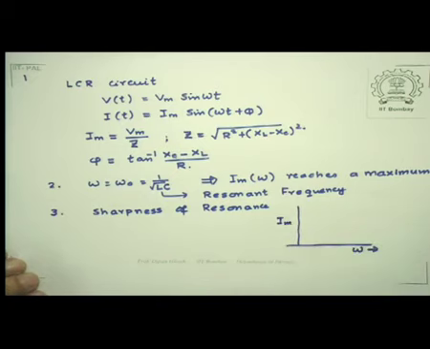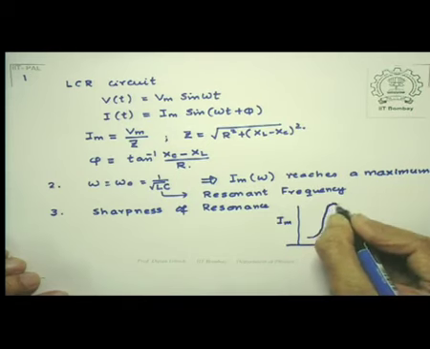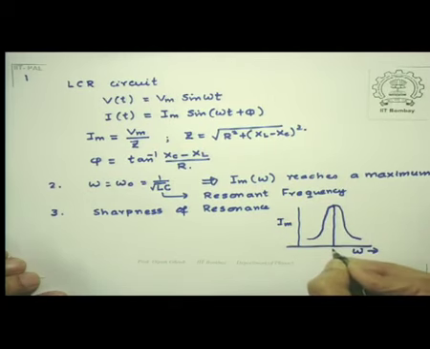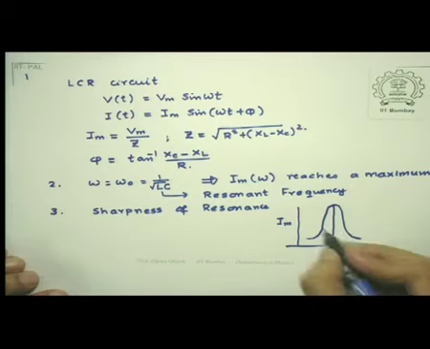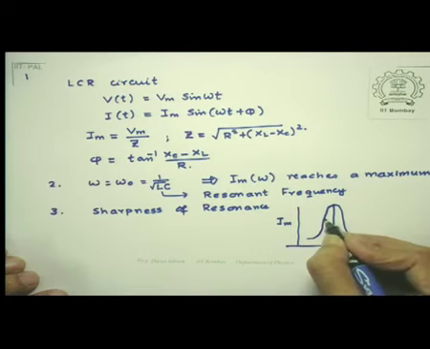So Im being plotted against the angular frequency, and we have seen that the type of curve that you can get is something like this, which has a maximum at omega equal to omega 0.